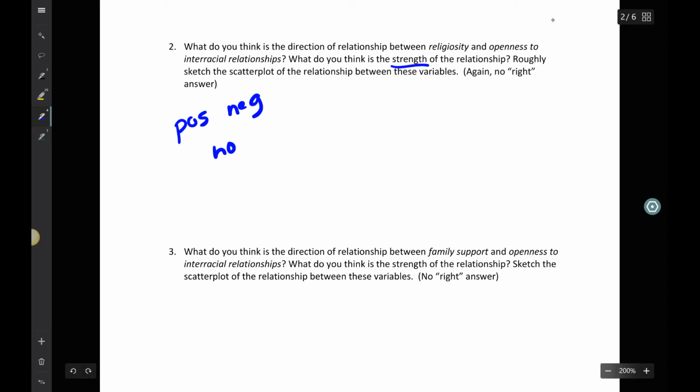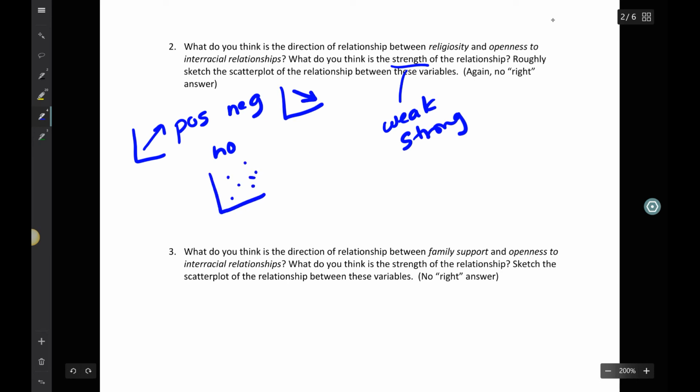In terms of the strength, I'm talking about, do you think it's a weak relationship or a strong relationship or somewhere in the middle, right? So remember, positive, we'll see the points going generally up that way. Negative, we would see the points generally going down that way. And with no relationship, we would generally just see a big old mess.